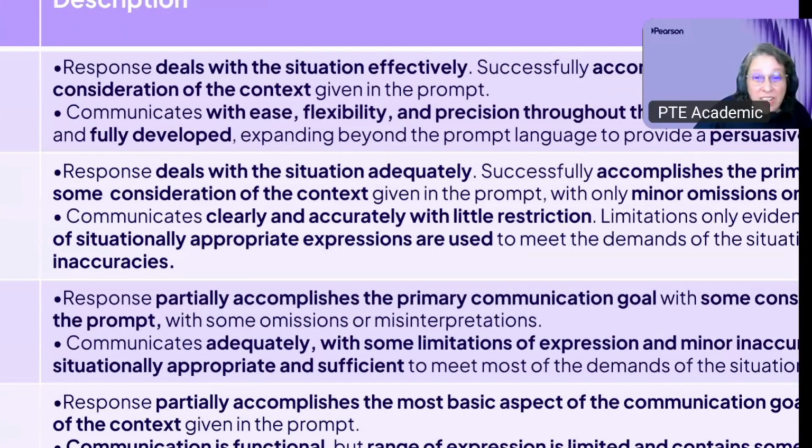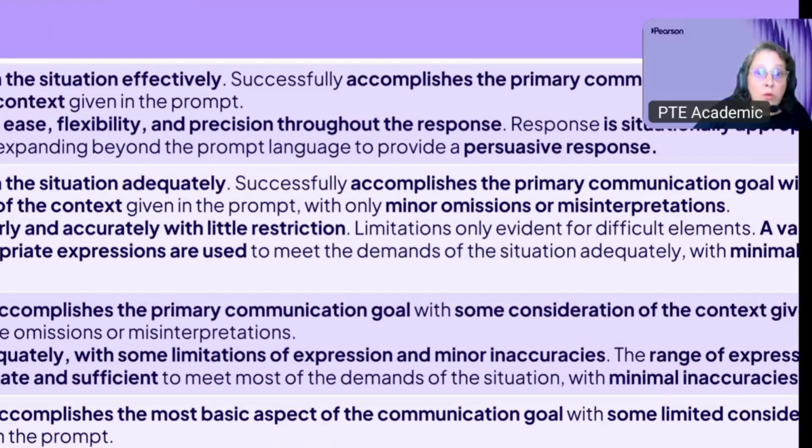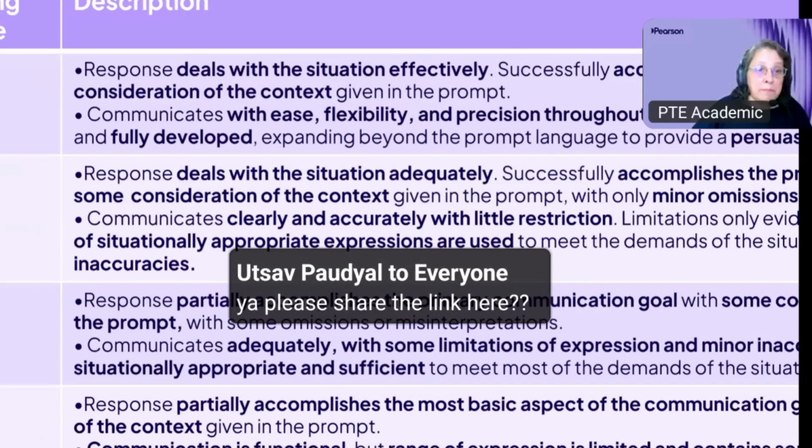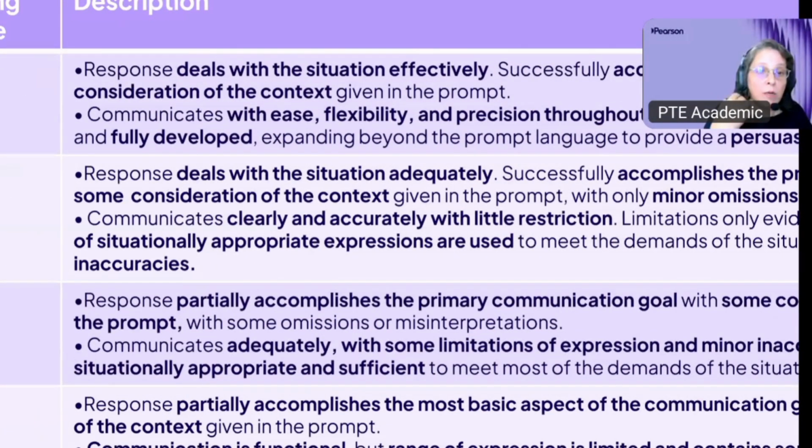Now, the primary communicative goal, if you're late for a tutorial, is basically to apologize. So being able to fully accomplish the primary communication goal is when the test taker is able to apologize properly and give the right background so that they are able to explain why they were late.